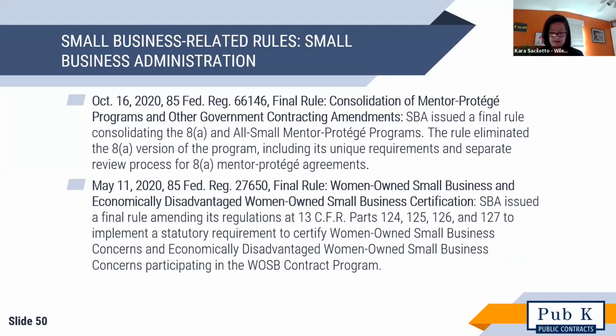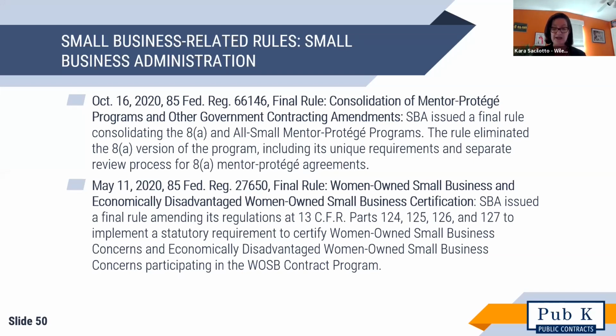The first bullet on this slide relates to an SBA final rule consolidating the 8(a) mentor-protege program with the all small mentor-protege program. And I know that this was also discussed in the small business program. Briefly, the rule eliminated the 8(a) version of this program, including the unique requirements for that program, so that mentor and protege arrangements for that program are treated the same as any other mentor-protege arrangement.